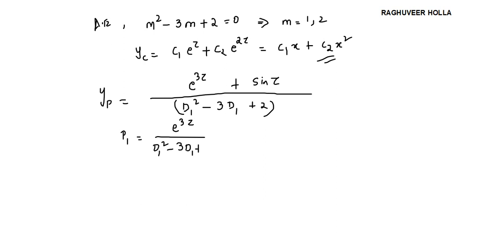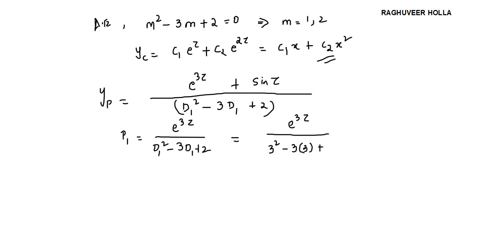Now I replace d1 as 3, so this would be e to the power of 3z divided by 3 square minus 3 into 3 plus 2.